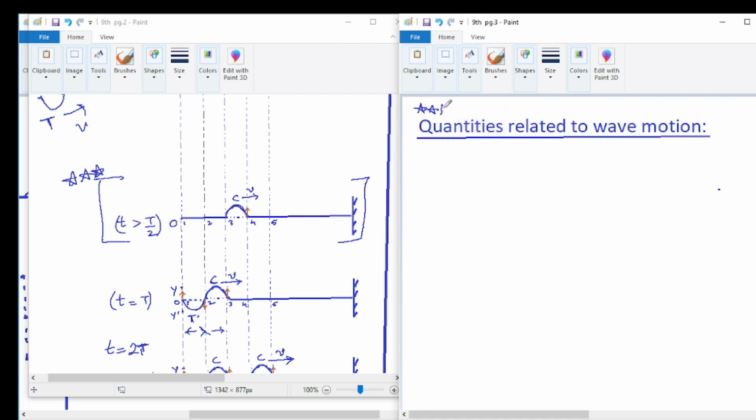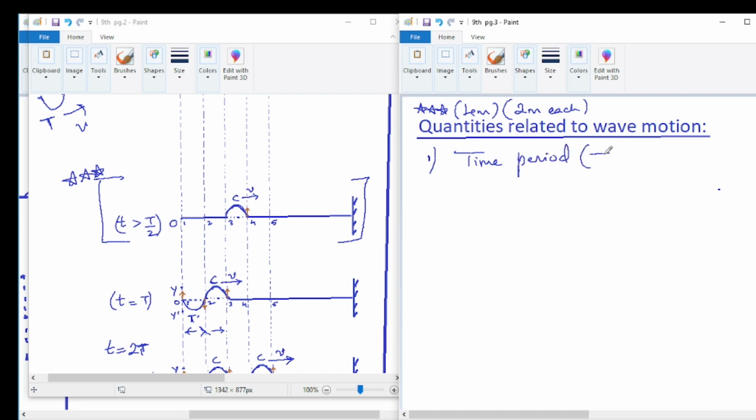So very important. Carrying about 4 marks, and each quantity here carries about 2 marks. Many quantities are there related to wave motion. Now, what are these quantities? Already I said the first quantity, which we already completed, is time period.